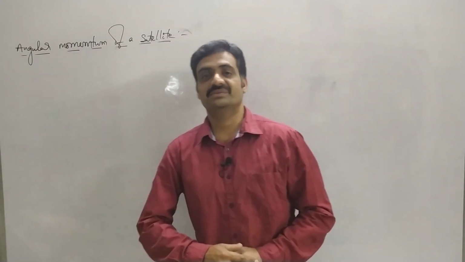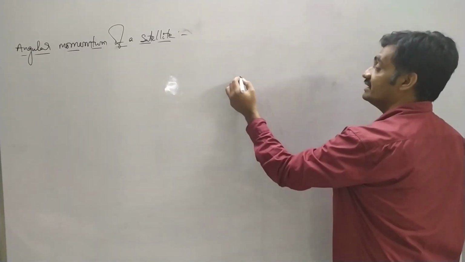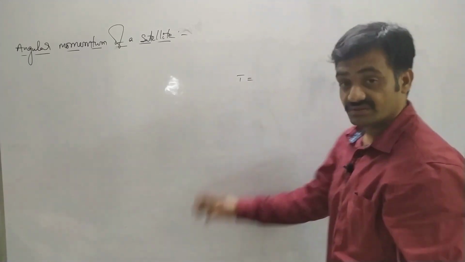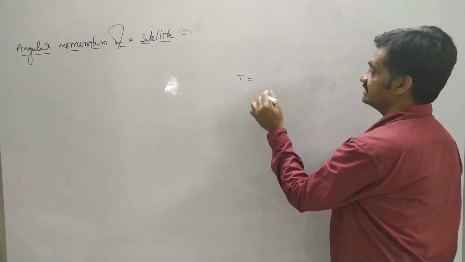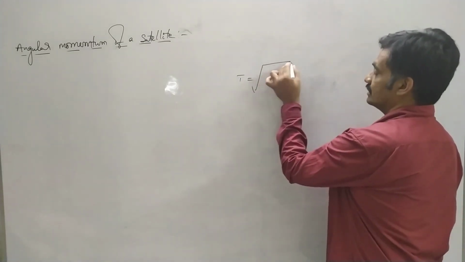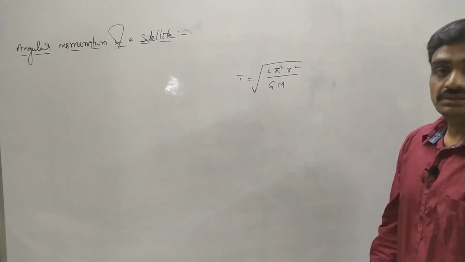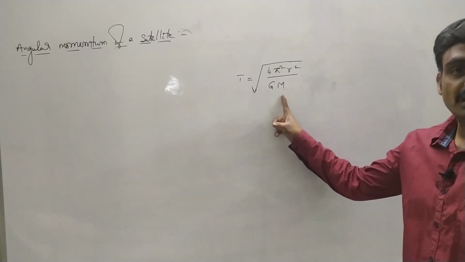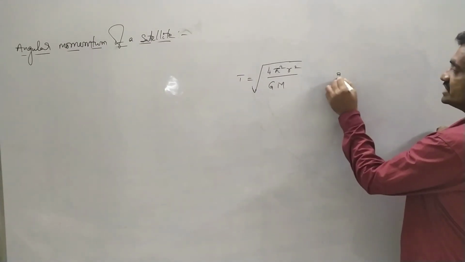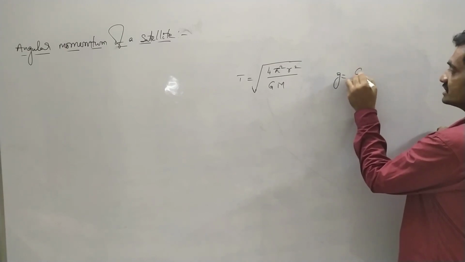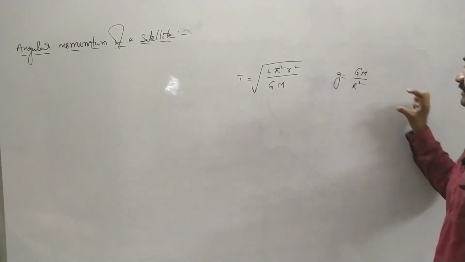So now we are going to discuss angular momentum of a satellite. Before going to that, we are going to represent the time period expression in terms of density. Why? Because we know that time period is given as T equals under root of 4 pi square R square by GM, where M is the mass of the planet, and we know the relation between small g and capital G as small g equals GM by R square.